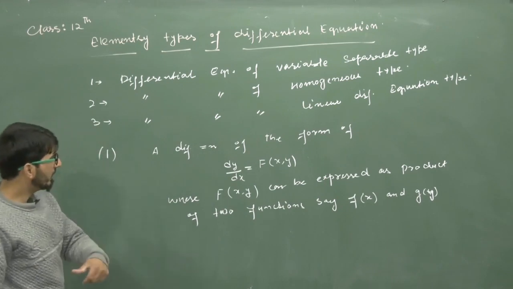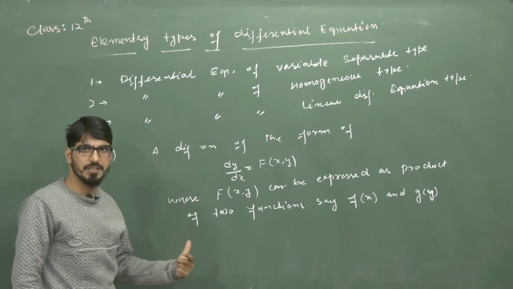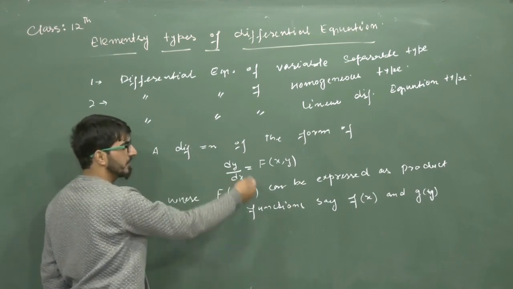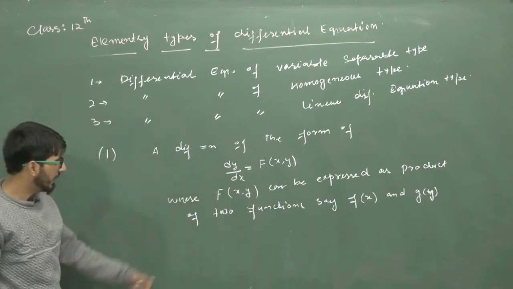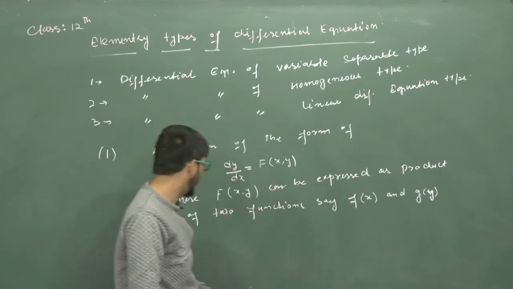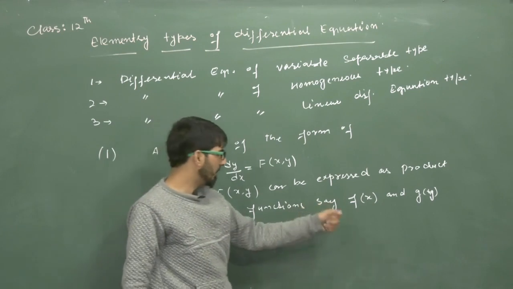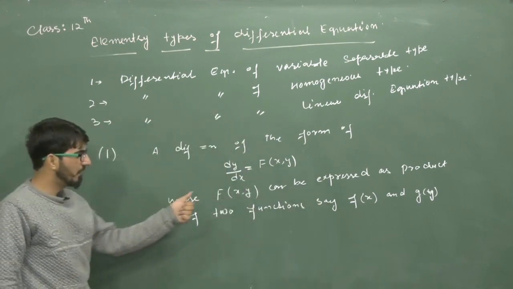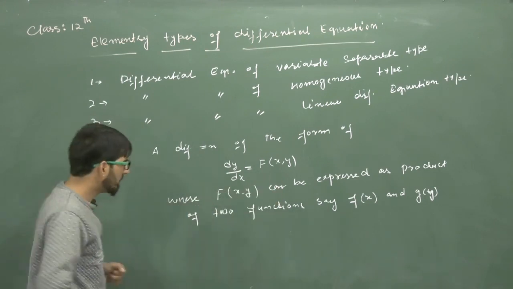So in other words, we can say any differential equation that can be written in the form dy by dx is equal to f of x comma y, where f of x comma y can be expressed as the product of two functions, say f of x and g of y, is a differential equation of variable separable type.